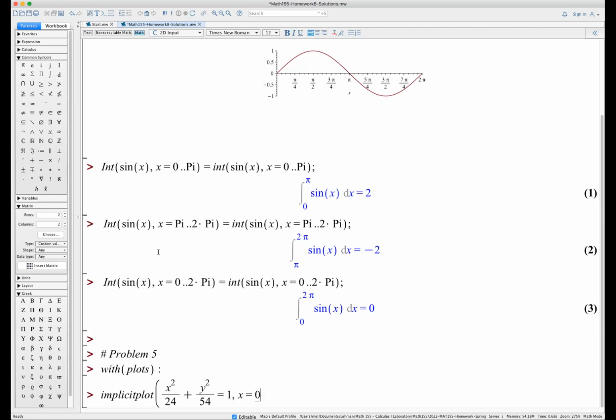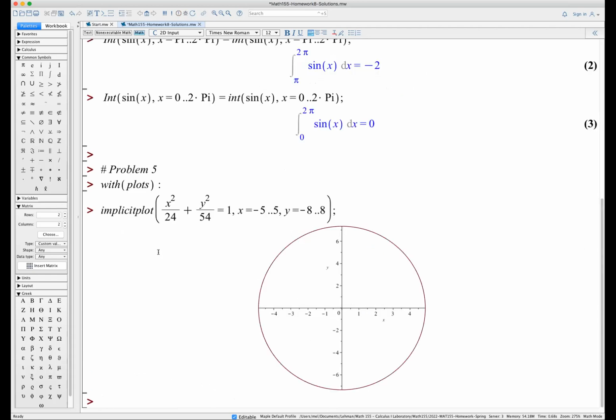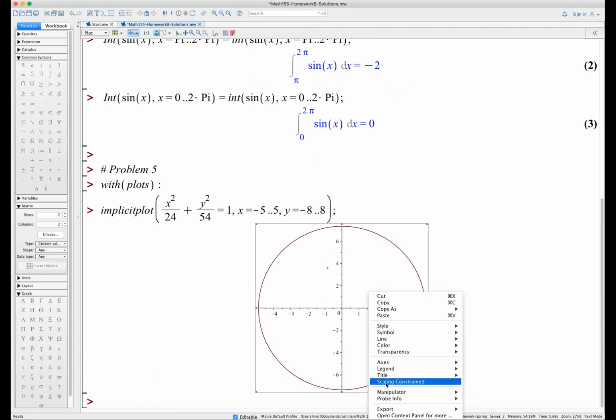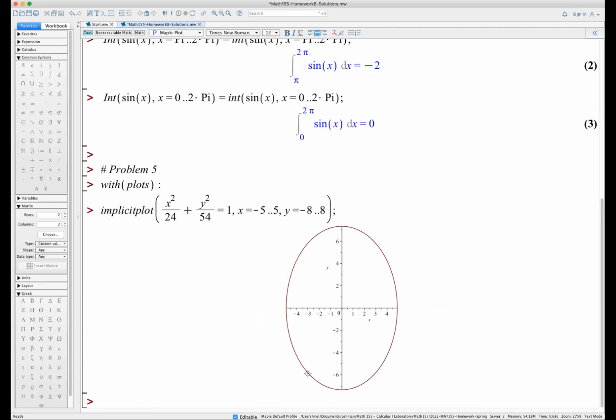Say x goes from -5 to 5. And y, let's say, goes from -8 to 8. Let's see if we get a nice curve. Oh, there it is. It looks like a circle, not an ellipse, but that's because the units horizontally are different than the units vertically. So if we graph this to scale, that's really what the ellipse looks like.